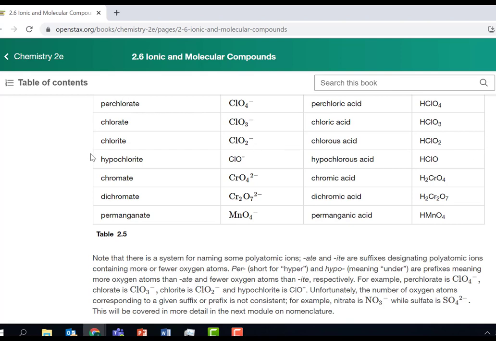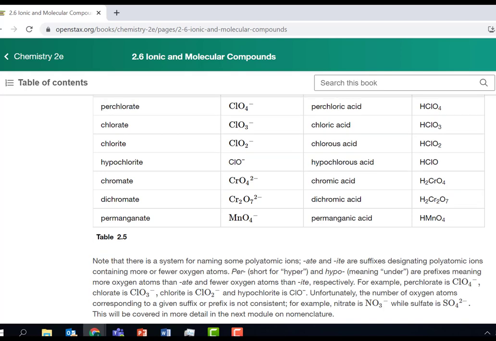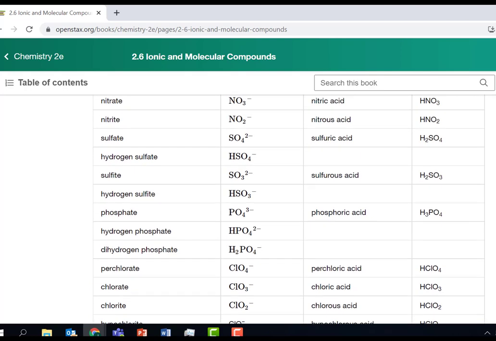The main place you'll see this is just with the chlorine-based oxyanions. There aren't any others you would need to know with the per and the hypo, but there are a lot with the ATE and ITE endings. We see that show up with sulfate, SO4 2-, and sulfite, SO3 2-. Again, the only difference is the number of oxygens.